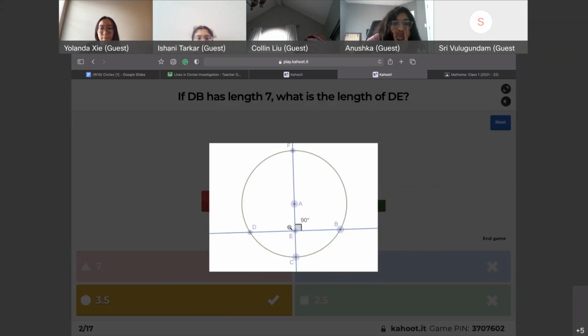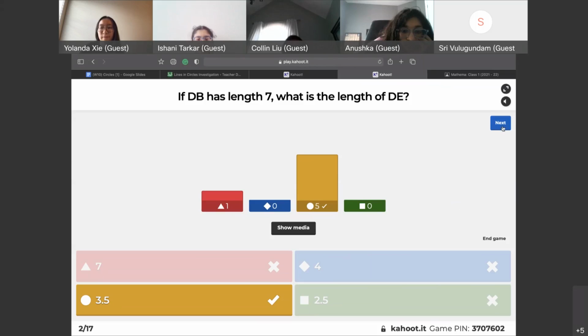All right, good job. So this whole line segment DV is 7. It's divided into 2 equal sections. So DE is going to be half. That will be 2.5. I can see how you're doing it.